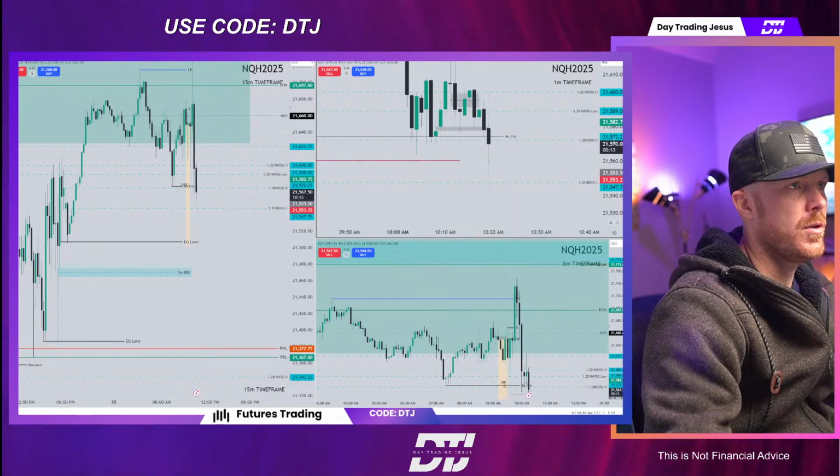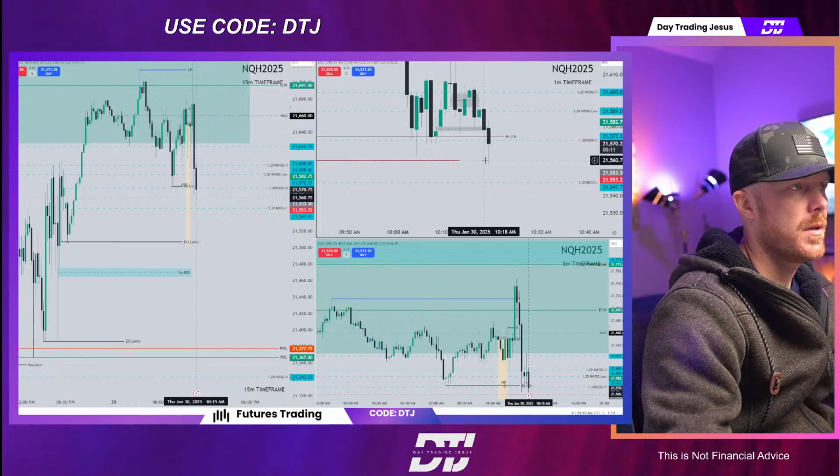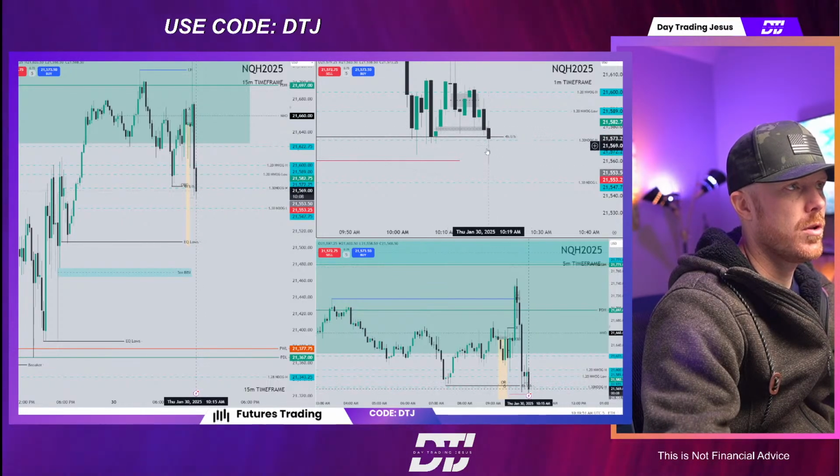Midpoint of the new day opening gap is tagged right there. Little sweep, we'll see where this candle closes.